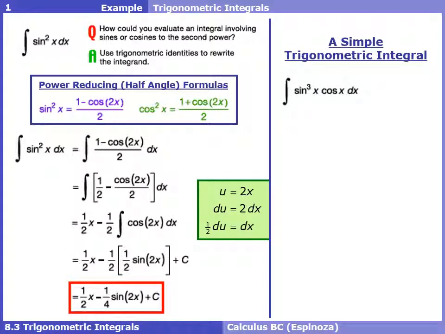In this last example, I want to do one that we could have done before 8.3, just to make sure you're seeing the contrast between these two problems. The reason we couldn't do the first example with a basic u substitution was because we didn't see an extra cosine in our integral because of the du. In this problem, we do see an extra cosine.